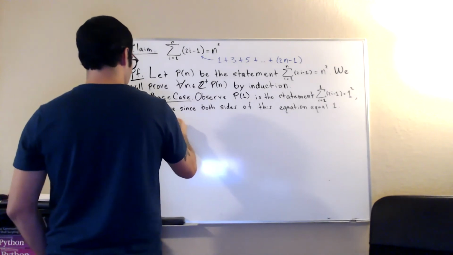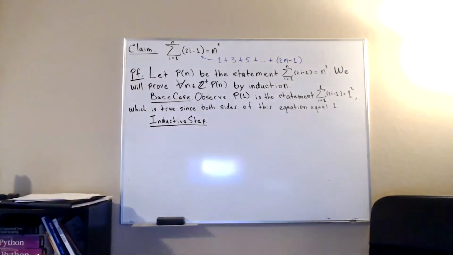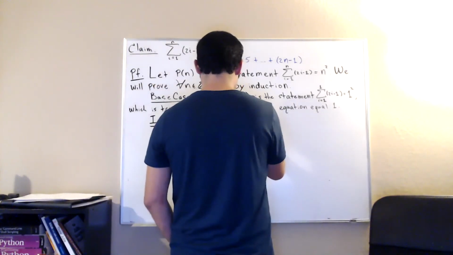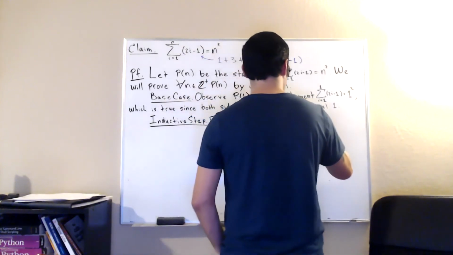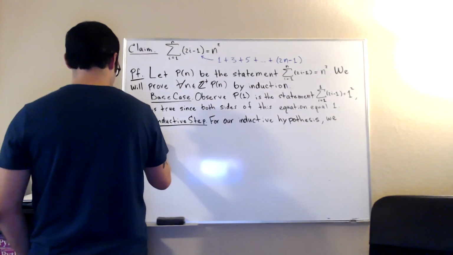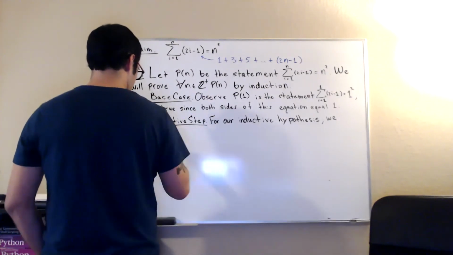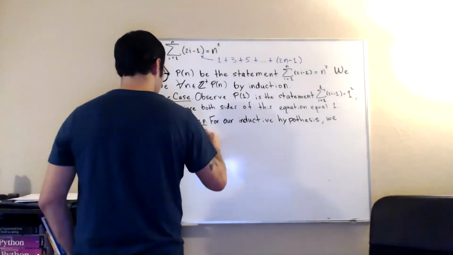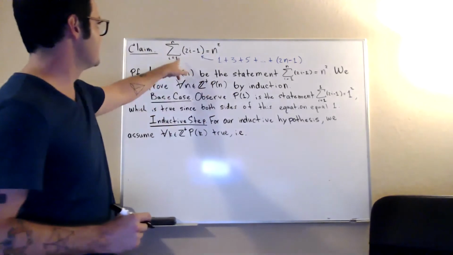Now our inductive step. So for our inductive hypothesis, we assume for all positive integers k, P of k is true, i.e. P of k is the statement that the sum up to k is equal to k squared.